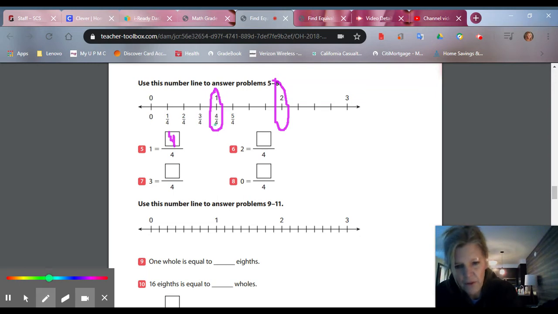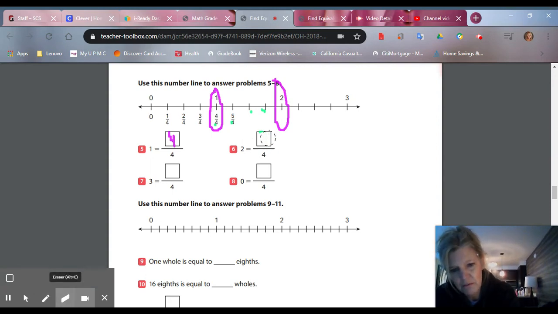Well, here you have 4/4, 5/4, 6/4, 7/4, and if you're thinking 8/4, you are correct. So 2 is the same as 8/4. Terrible looking 8. Let me fix that. 8/4.